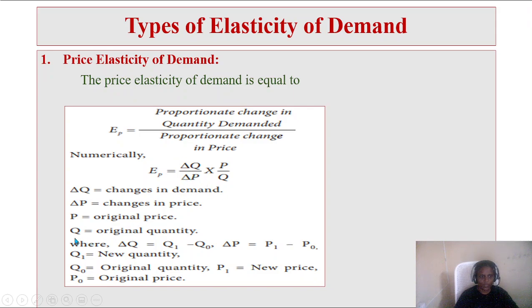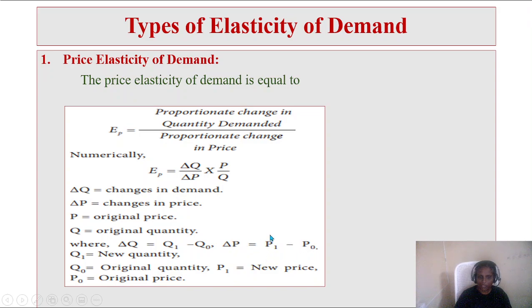Here delta Q is equal to Q1 minus Q0. We have seen in the diagram that Q1 and Q0 are the levels of quantity demanded by a consumer. Change in P is equal to P1 minus P0.